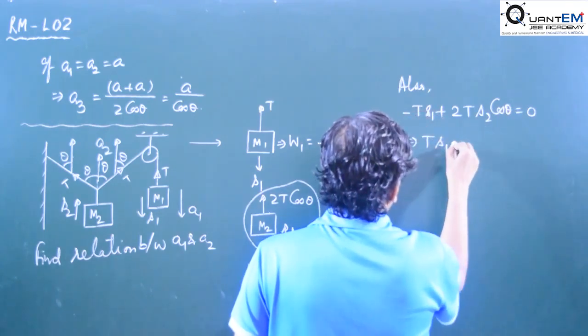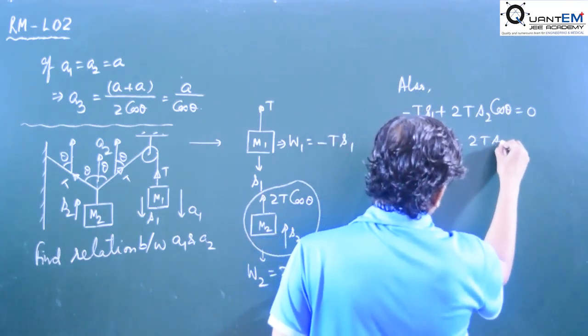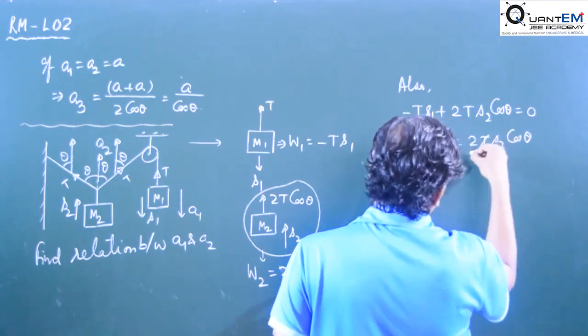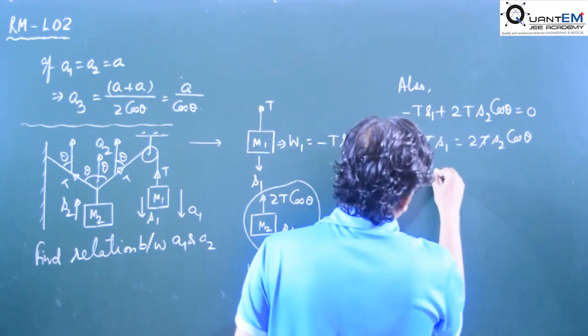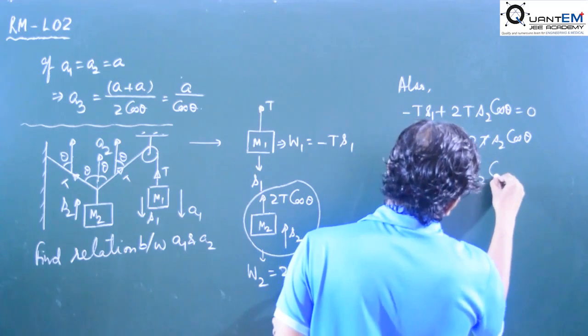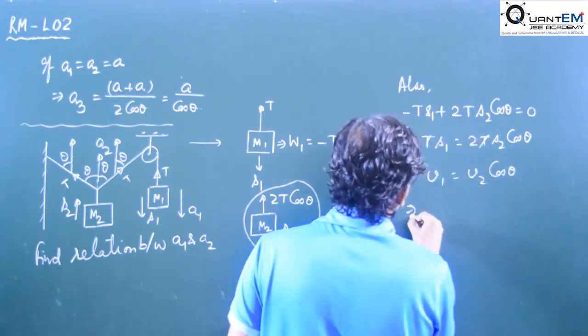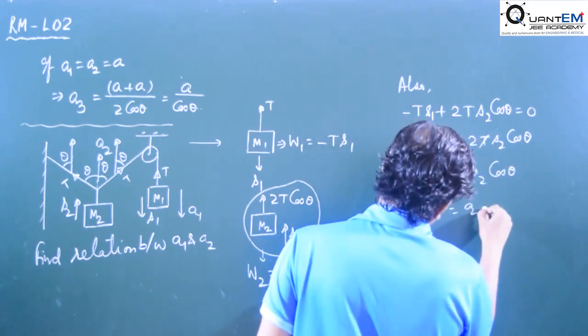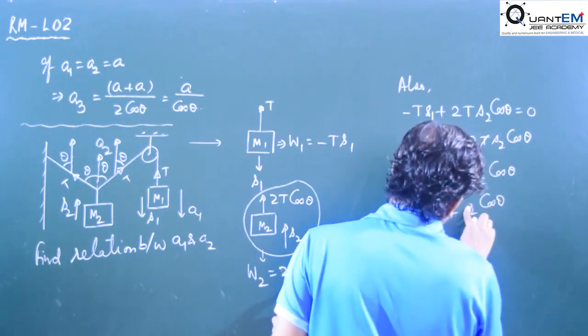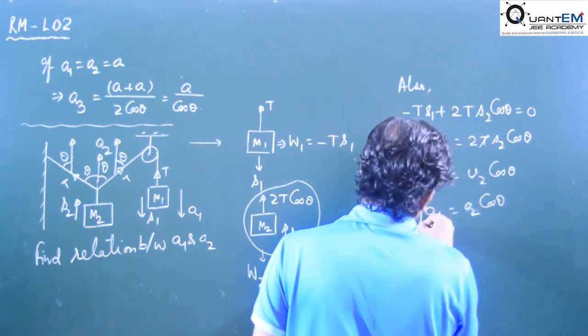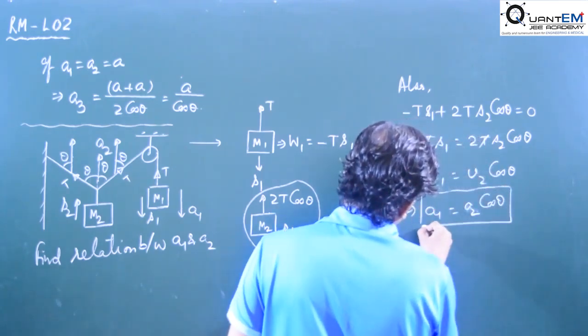So we get T S1 is equal to 2T S2 cos theta. So we have the relation V1 is equal to 2V2 cos theta, or A1 is equal to what? 2A2 cos theta. So it is the relation between what? A1 and A2. Okay.